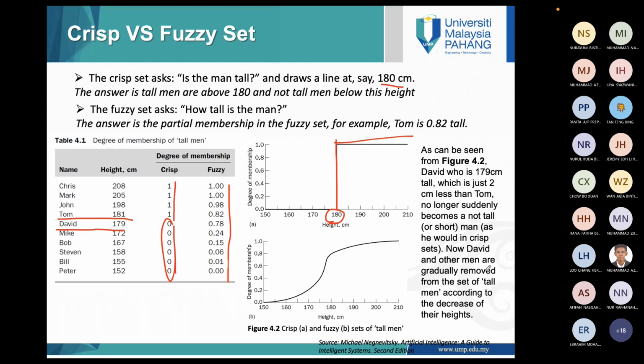Now David and other men are gradually removed from the set of tall men according to the degrees of their height. So whatever value is close to 1, we consider as true. True is 1, 0 is false.